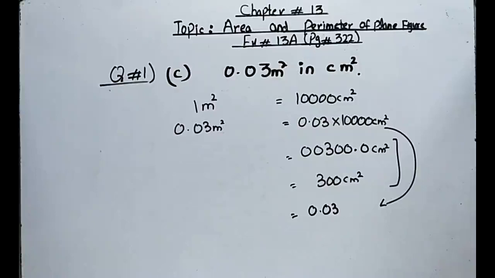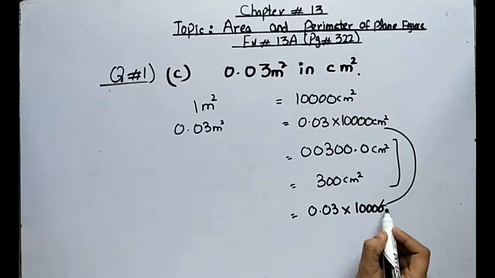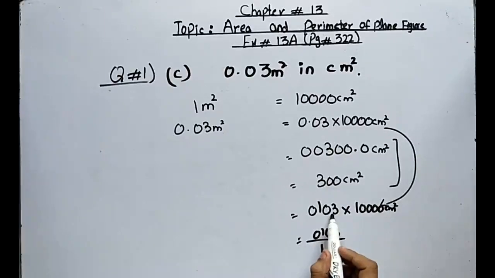Now the other method: 0.03 multiply 10,000 centimeter square. This is a decimal number. Convert this decimal number into fraction form. Remove the decimal point, then we get 3, and we write 1 in the denominator and then 2 zeros, because after the decimal point there are 2 digits.